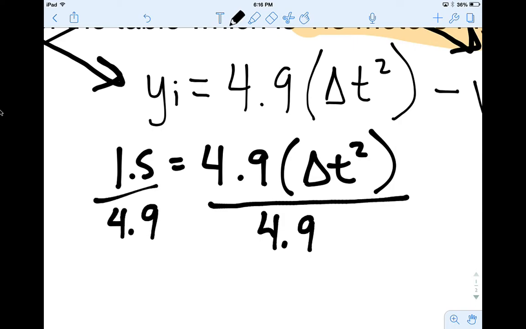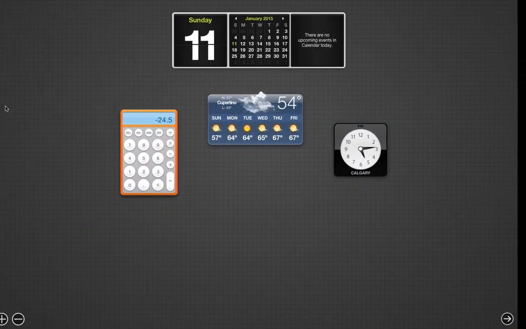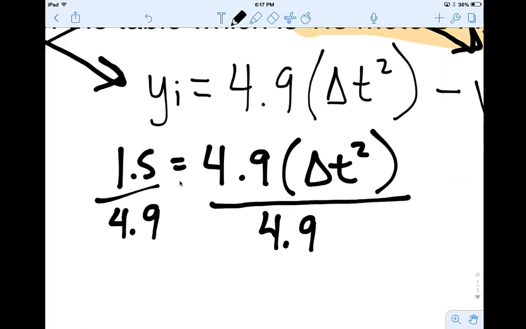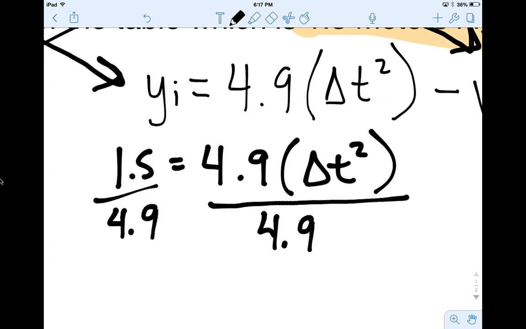Then we'll do 1.5 divided by 4.9, and that's 0.31, we'll call it. So I've got 0.31 equals delta T squared.